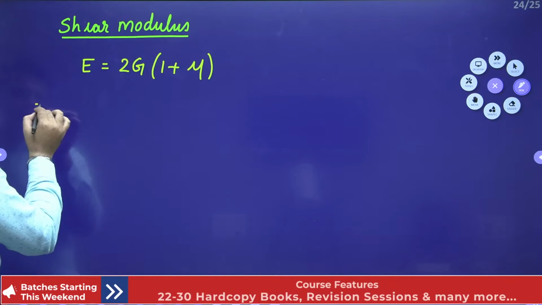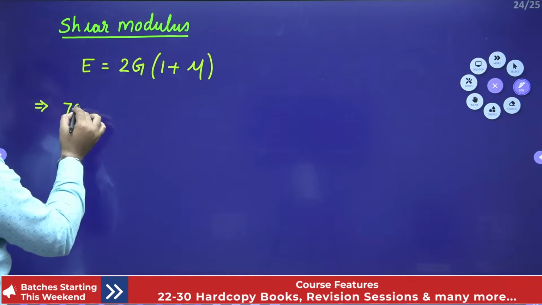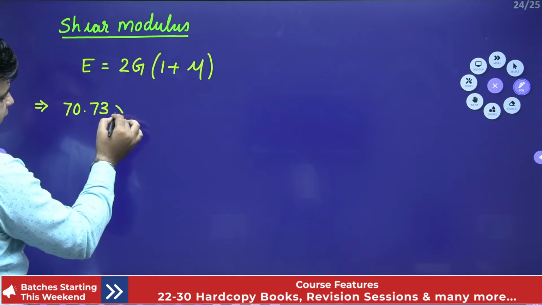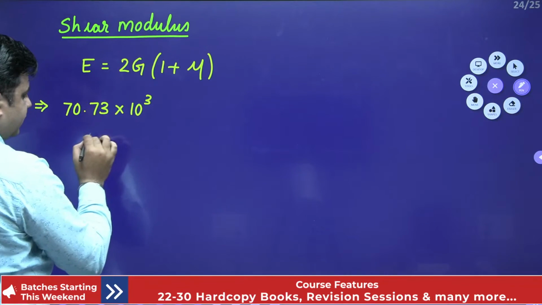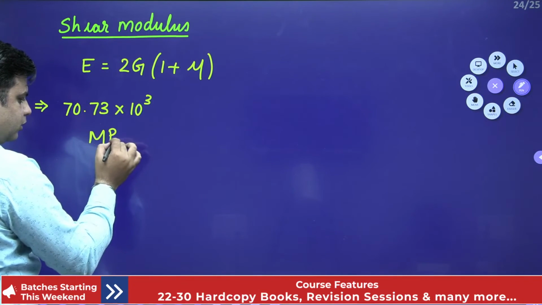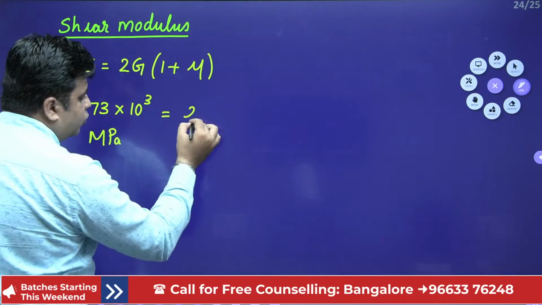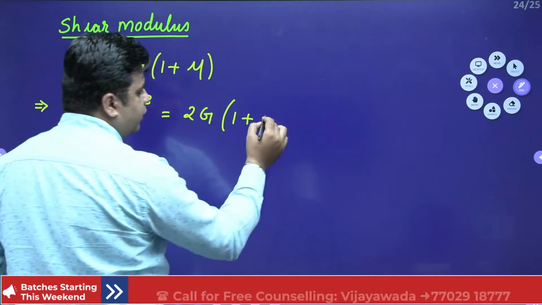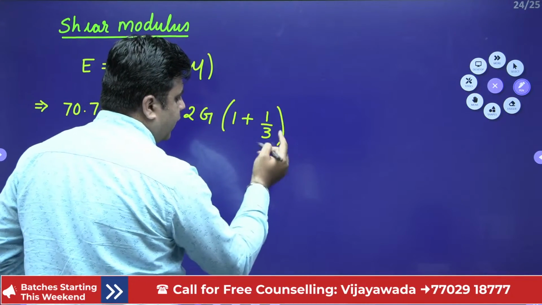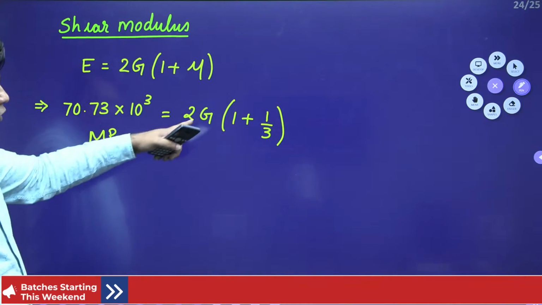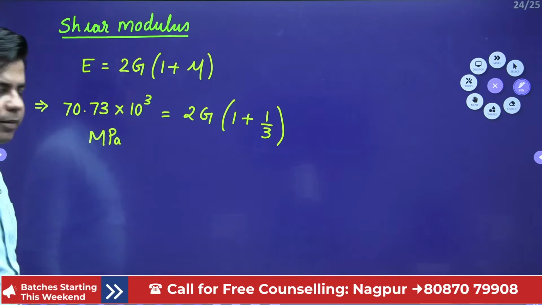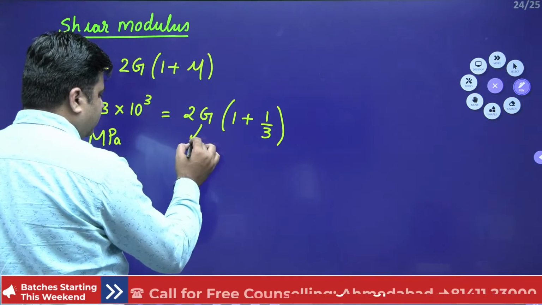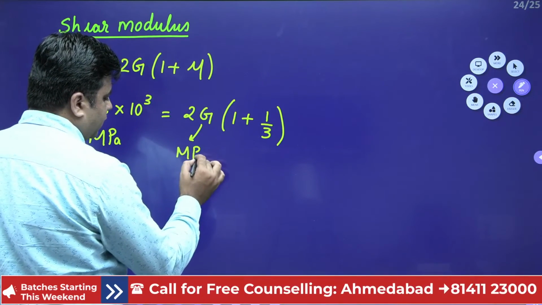E is 70.73 into 10 raised to power 3, and this is in megapascal. Then you write 2G into 1 plus mu, and mu is 1 by 3. Again, this mu is unitless, so the unit of G will also be megapascal.